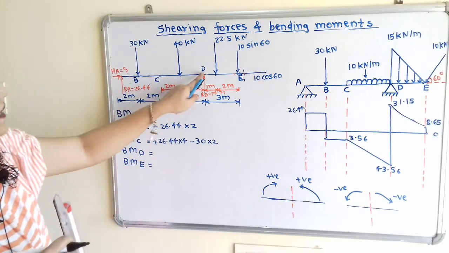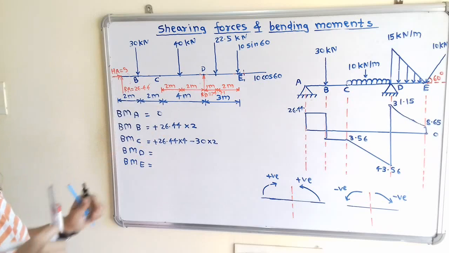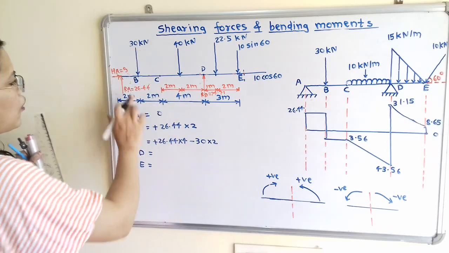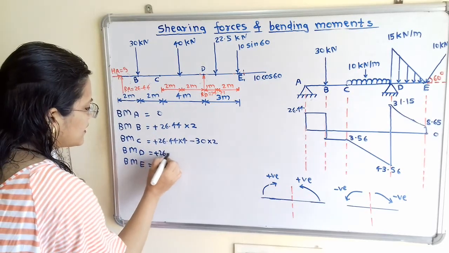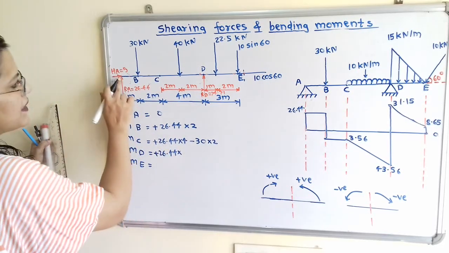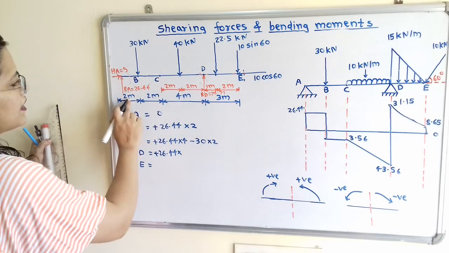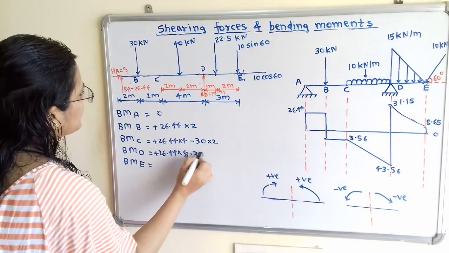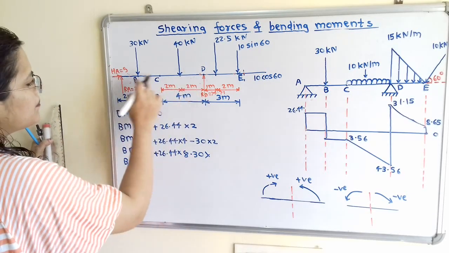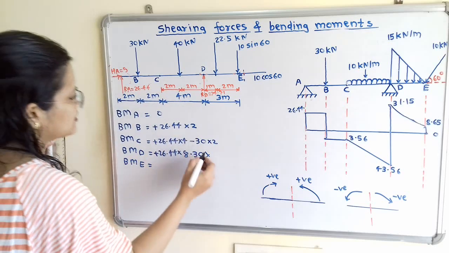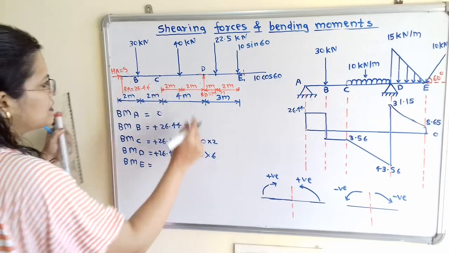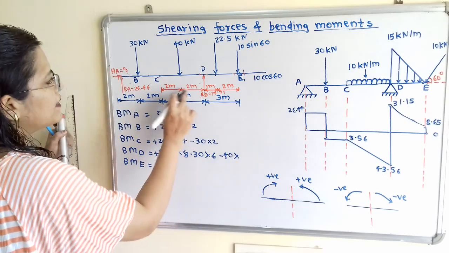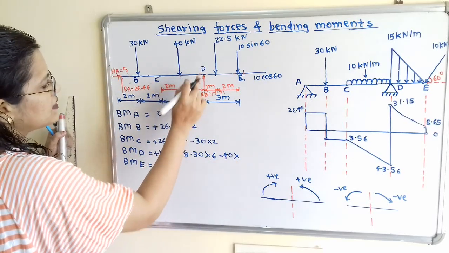Now bending moment at point D. So again we will apply the same rule. So this force, if I move the compass, then it is in clockwise direction. So plus 26.44 multiplied by the distance 8. Then minus 30 multiplied by distance in between BD, that is equal to 6. Then next is 40. So it is in anti-clockwise. So minus 40 multiplied by distance in between 40 and this point D is 2.